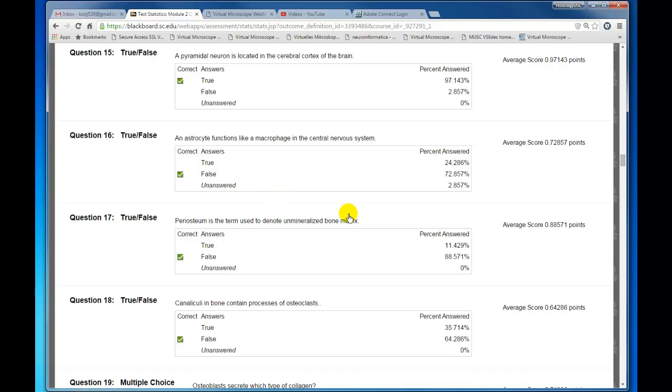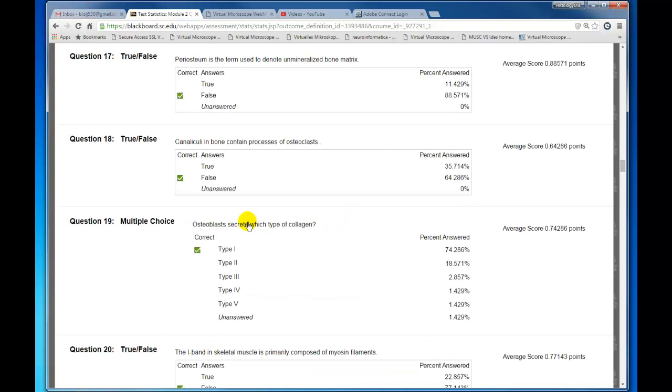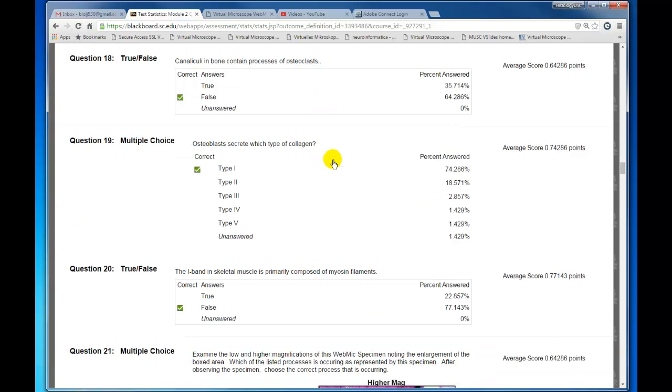And let's see, the next one, number 18. Canaliculi in bone contain processes of osteoclast. No, they contain processes of osteocytes. So review that. And number 19, collagen types and where they're found. Well, osteoblasts secrete which type of collagen? That's type 1.